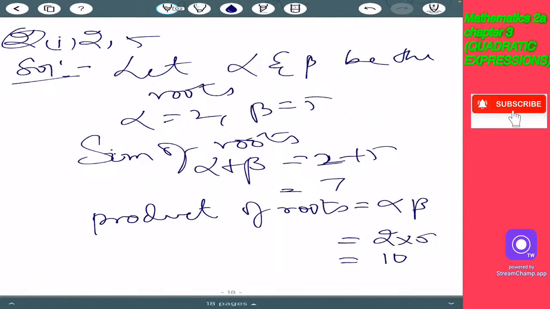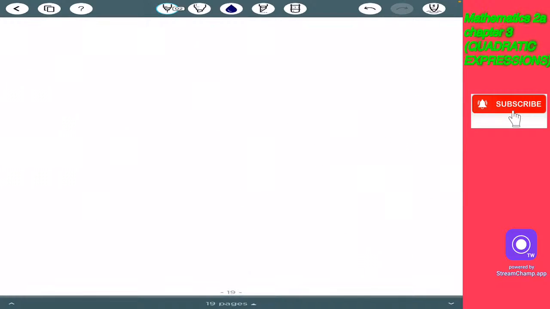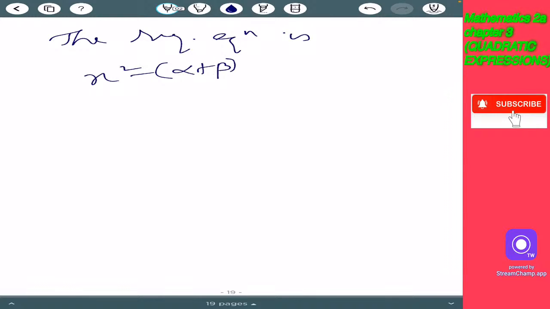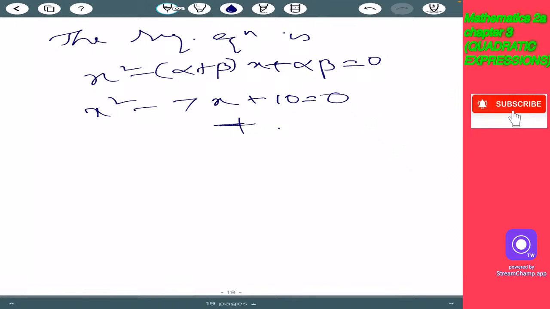So what is the required equation? The required equation is x square minus (alpha plus beta, that is sum of roots) into x plus product of roots. So x square minus 7x plus 10 is equal to 0. So this is your equation.